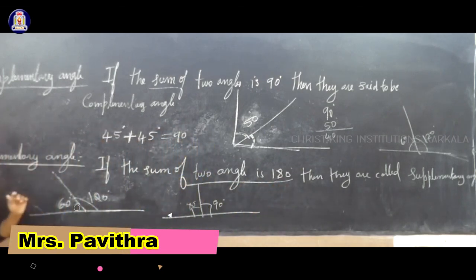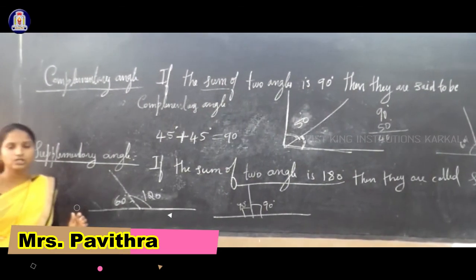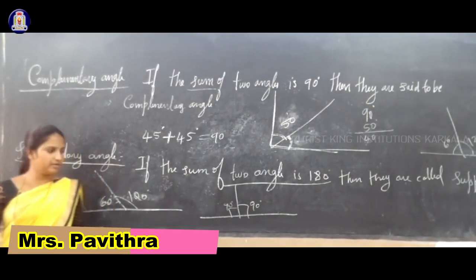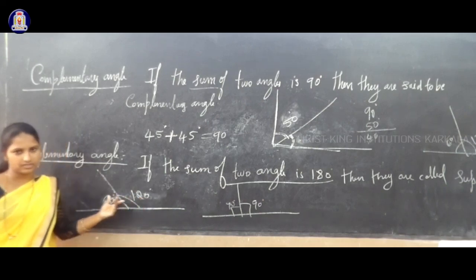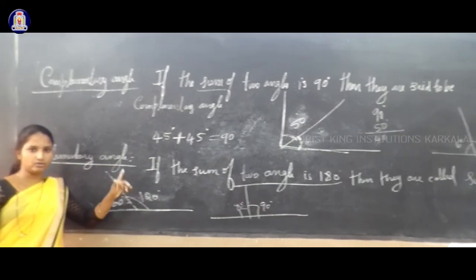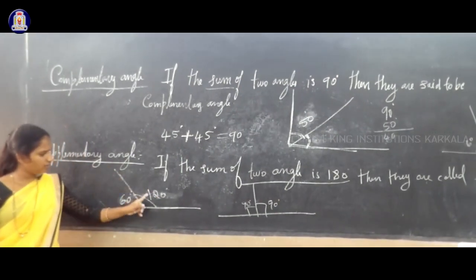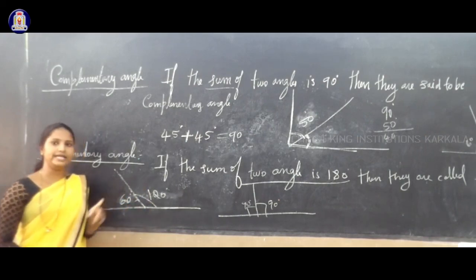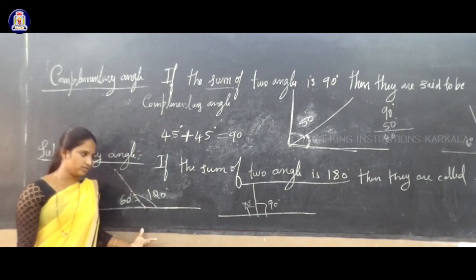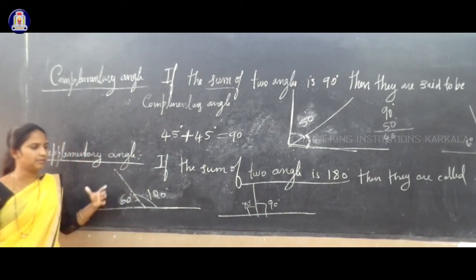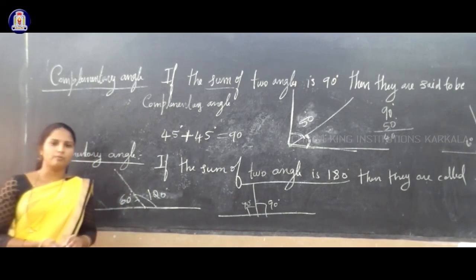Sometimes they ask to find the supplementary angle of 120 degree, which means from 180 you subtract 120. So 180 minus 120 gives 60 degree.